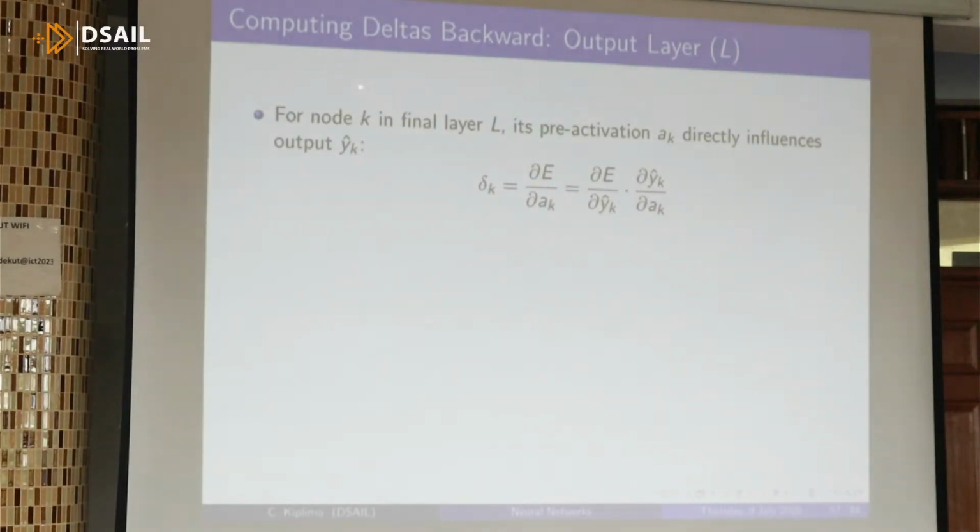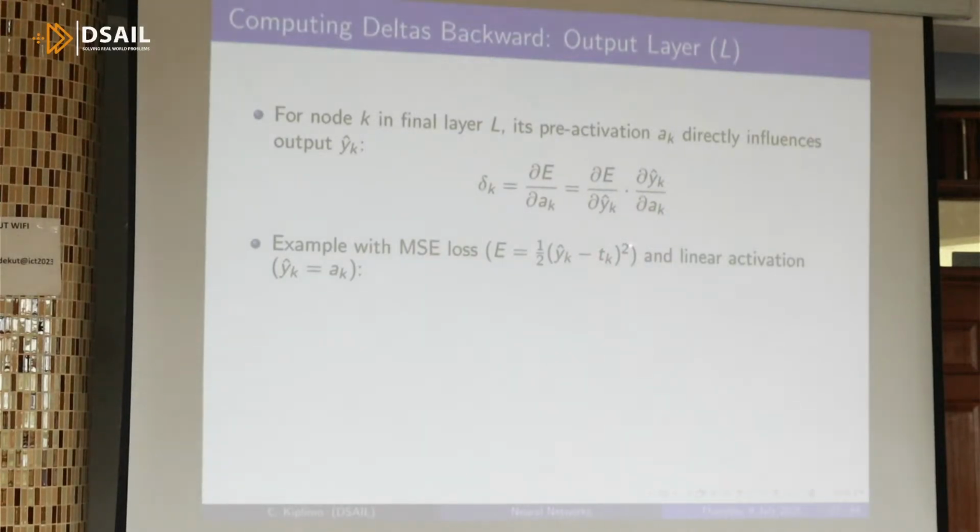Anyway, in the final layer, its pre-activation ak directly influences yk. yk is your output element. So the derivative with respect to ak is dE/dyk times dyk/dak. Now we see what these values actually represent. E, we said, is the sum of square differences, with yk minus tk, where yk is the predicted value and tk is the correct target value.